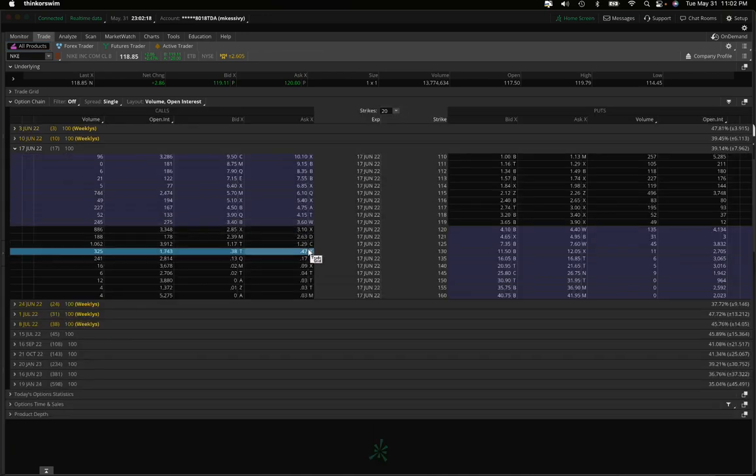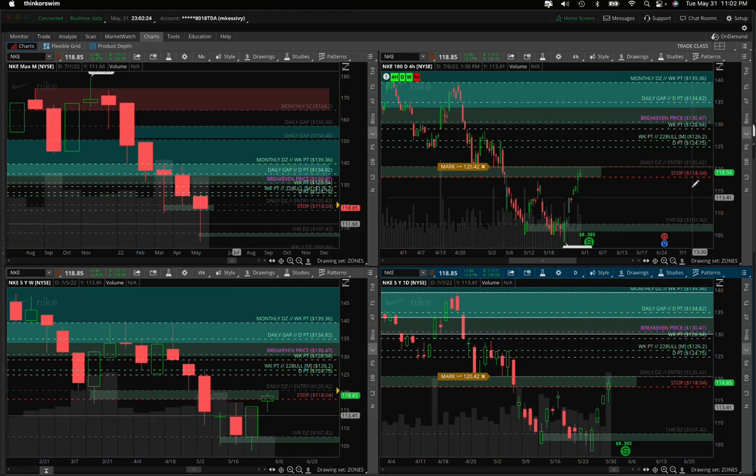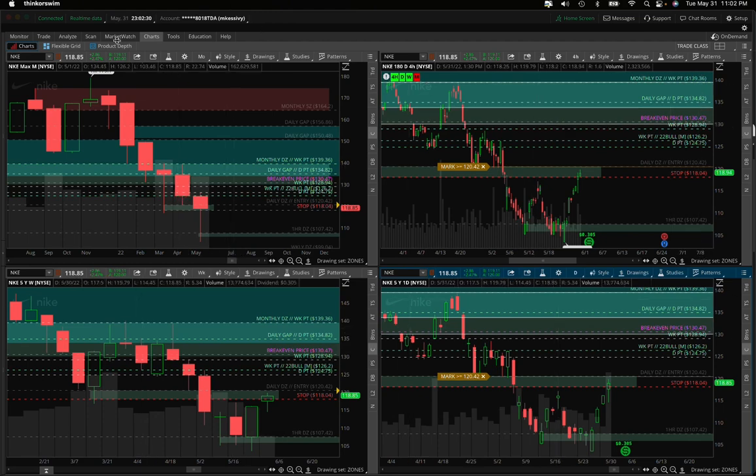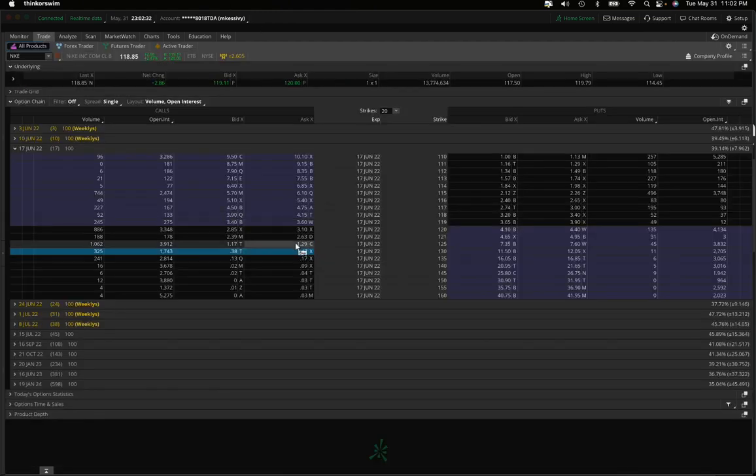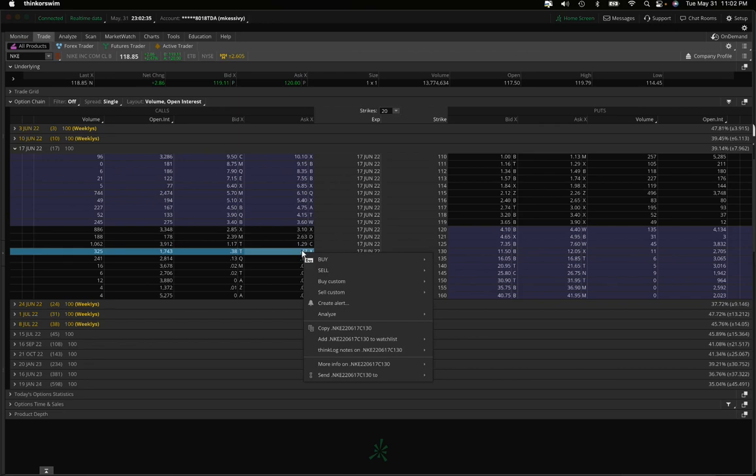We look for strike prices that make sense. We know that the price can go from 120 to possibly 140. So that middle point at 130 is a pretty good strike. We go to trade. We right click on this. We go to analyze, go to buy, trade, and go to single.